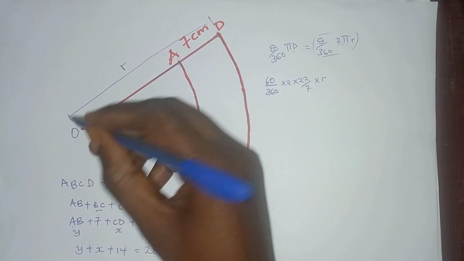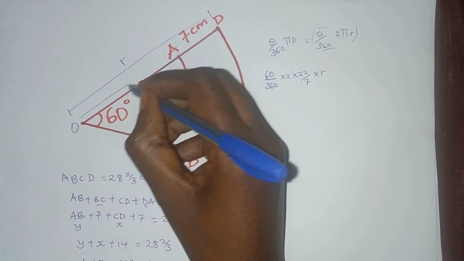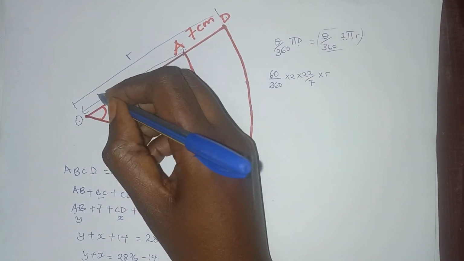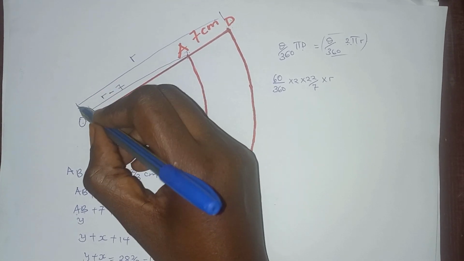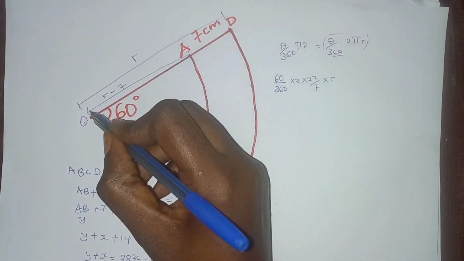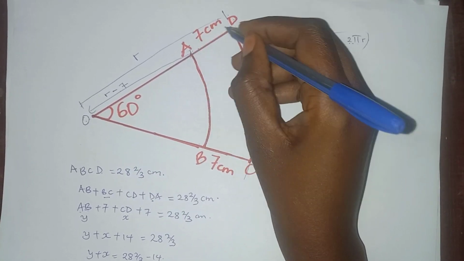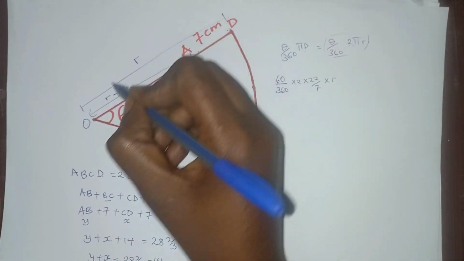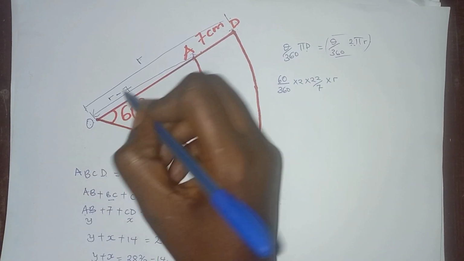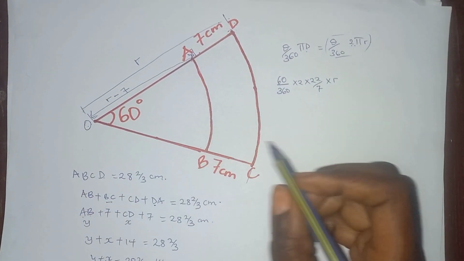If from O to D is r, then from O to A will be r minus 7, because of this length 7 here. So we subtract this 7 from this r to get the length of the inner radius, the radius of the smaller circle here.